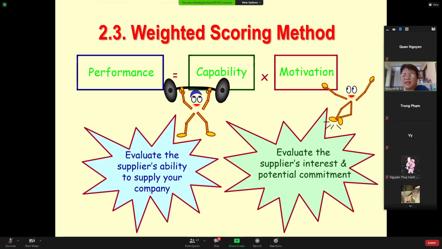What does that mean? Can anyone tell me? When you evaluate a supplier's ability to supply your company, you think about their capability and the motivation behind the offer.